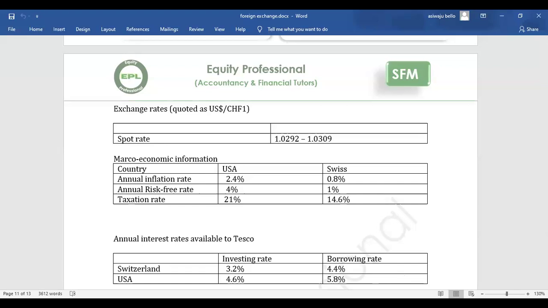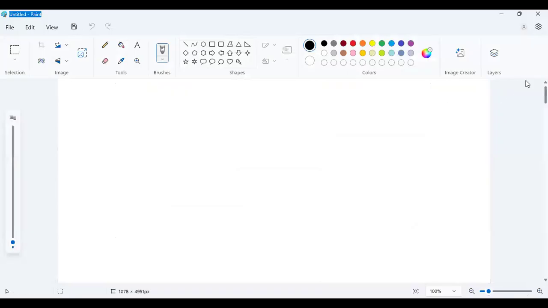Let us go to the whiteboard. Please get your writing pad closer to you. Let us assume we are in the physical class, and please get your calculator closer to you.